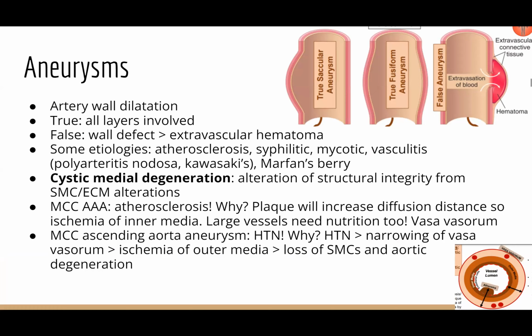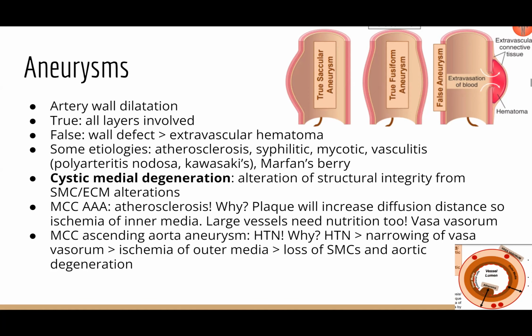Some etiologies, of course, atherosclerosis, we already talked about that, syphilitic and mycotic, we're going to reference those later. And then vasculitis, so polyarteritis nodosa, and Kawasaki's, then Marfan's, Berry. Marfan syndrome, of course, it's connective tissue disease, and you will get weakening.